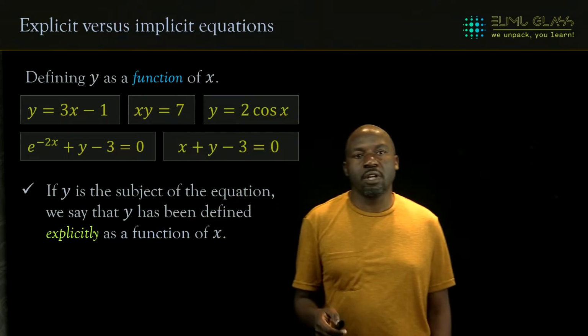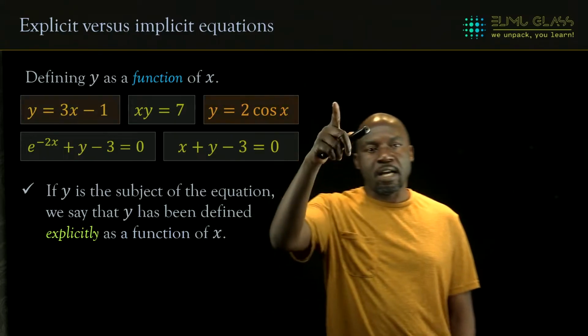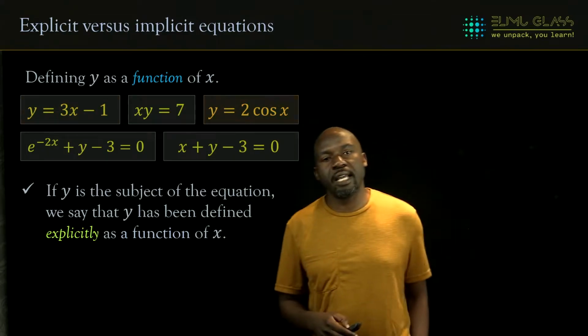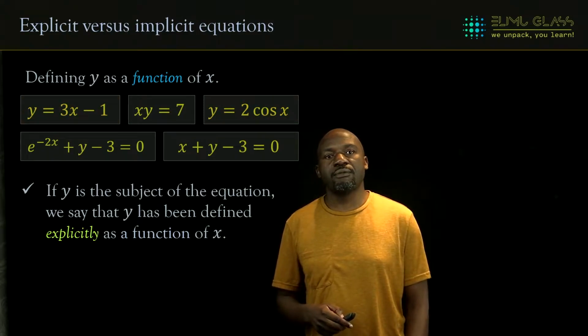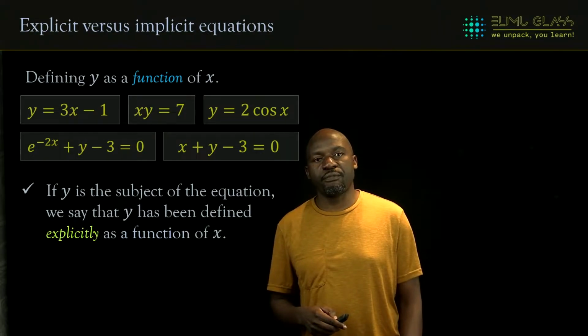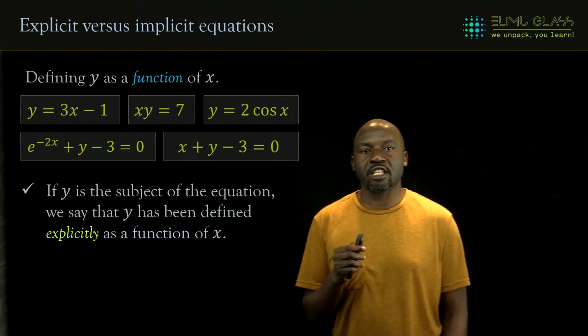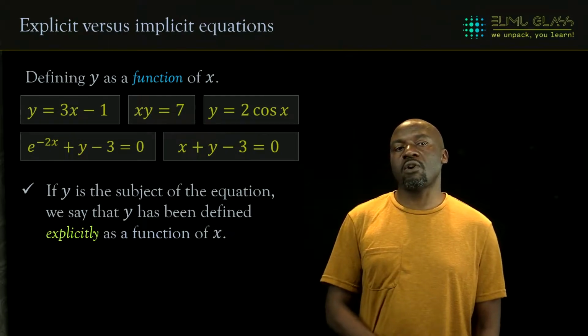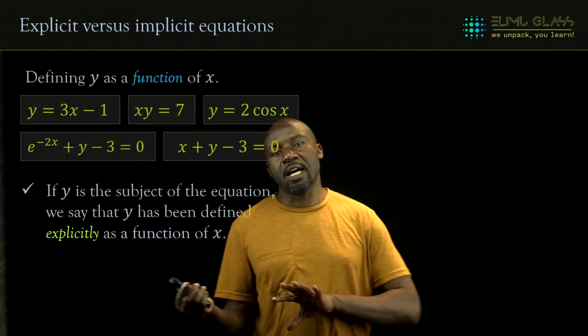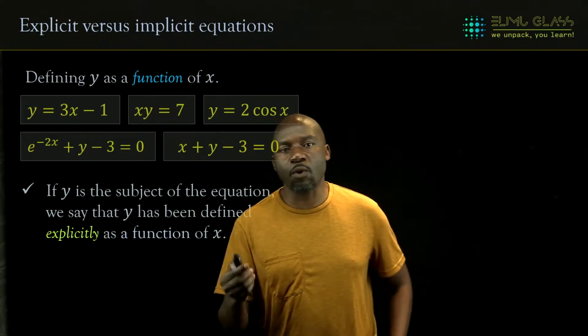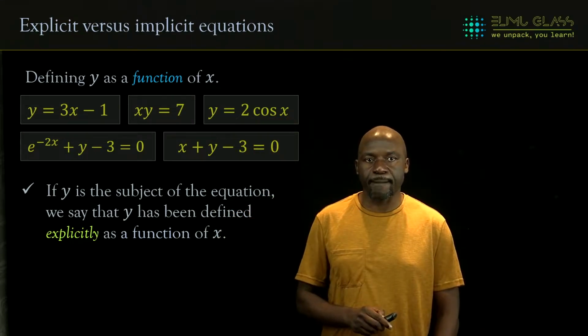So the first equation there and the third equation there, we can say that those are explicit functions. They are functions in which the value of y has been defined explicitly in terms of x. So y is on one side and x is on the other side. All right, so y is defined explicitly.